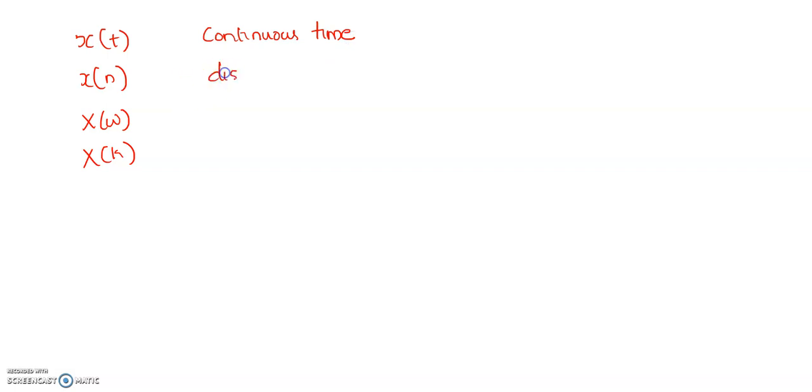So we have x of t, x of n, x of omega and x of k. x of t is a continuous time signal, x of n is the discrete time signal, x of omega is the continuous frequency signal, and x of k is the discrete frequency signal.